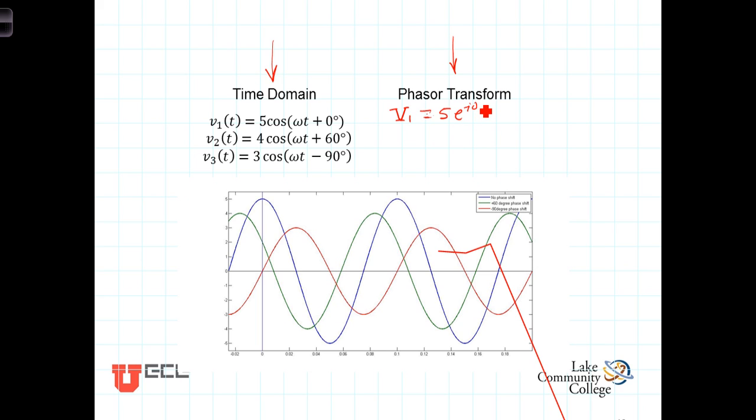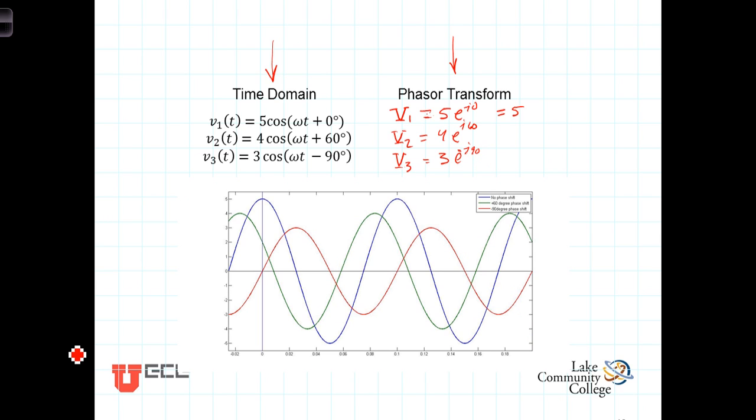But again, e to the 0 is 1, so that would simply be 5. Phasor v2 would equal 4e to the j60. And phasor v3 would equal 3e to the j minus 90. We typically put the minus sign out here in front. E to the minus j 90 degrees.